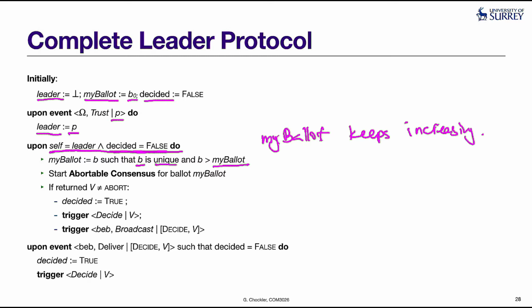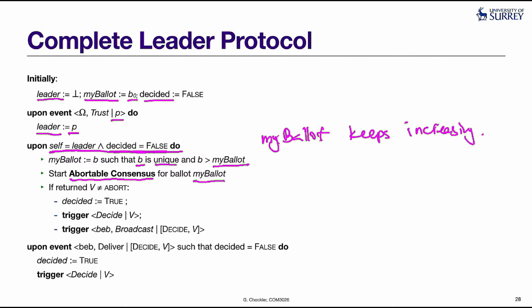Okay, so then the leader activates a new instance of abortable consensus with this ballot my ballot just computed. As we have said, abortable consensus may not succeed, in which case it returns abort.